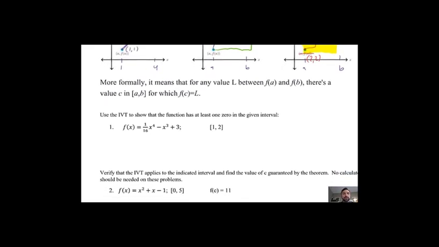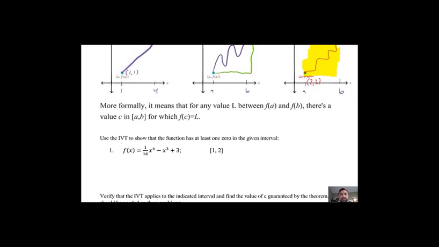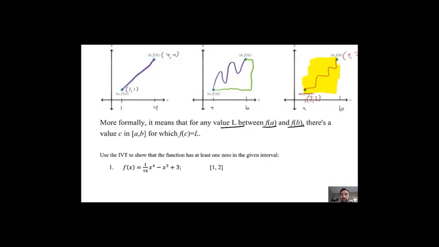Alright, so if you read this in a textbook, the more formal definition would say that any value L between f of a and f of b, so maybe here was my L, L just needs to be between f of a and f of b, with a value c in a to b.